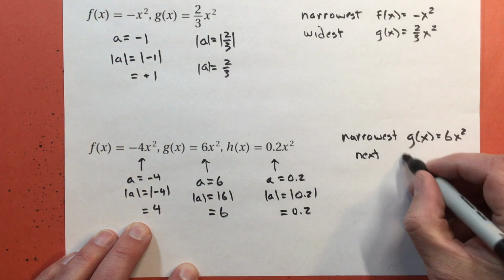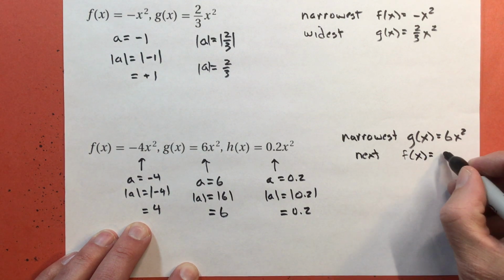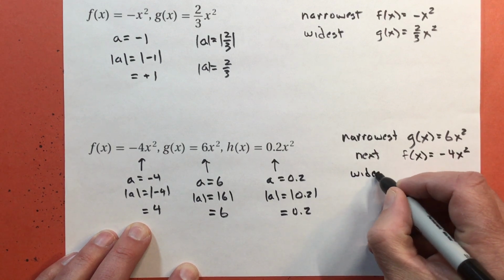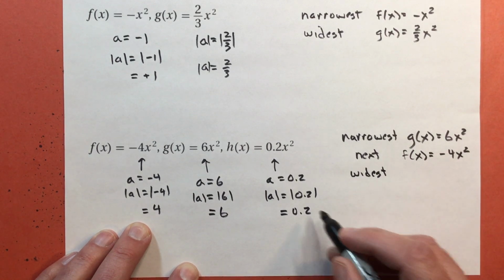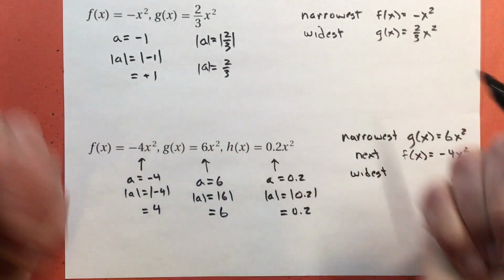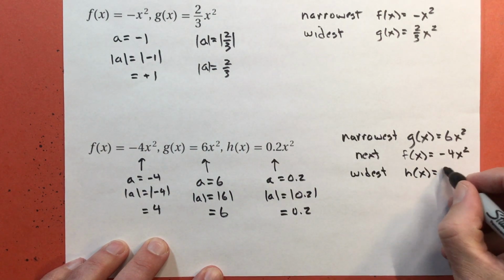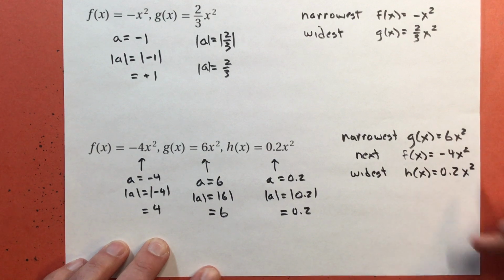This is going to be f of x, which is negative 4x squared. And the widest, the one that's going to be spread out further horizontally this way, is going to be this one, h of x equals 0.2x squared.